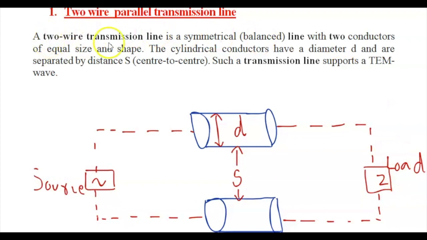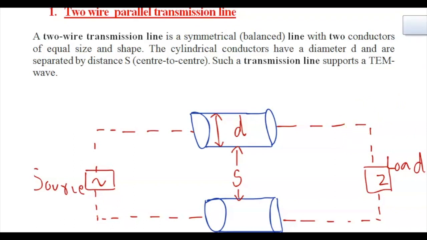So a two-wire transmission line is a symmetrical, that means balanced transmission line with two conductors of equal size and shape. These cylindrical conductors have a diameter D separated by distance S from center to center, and these support mainly TEM wave, that is transverse electromagnetic wave.